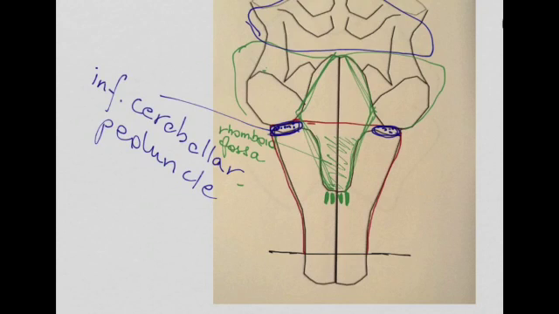Moving on to the pons. In the pons, as we mentioned before, the rhomboid fossa continues on, forming the full floor of the fourth ventricle.